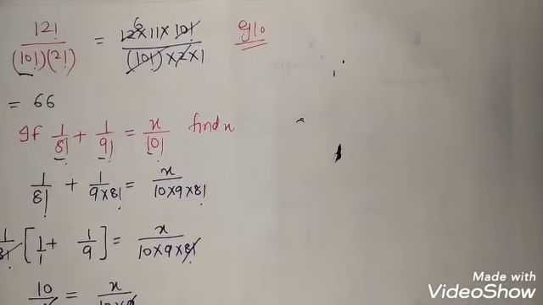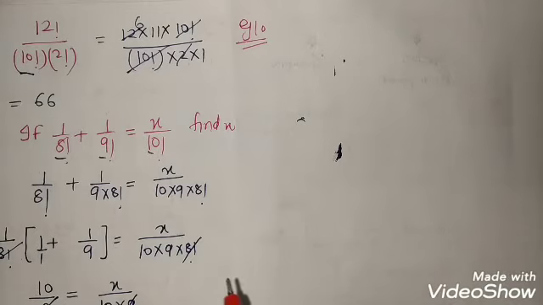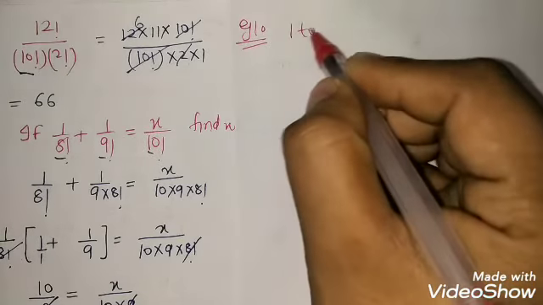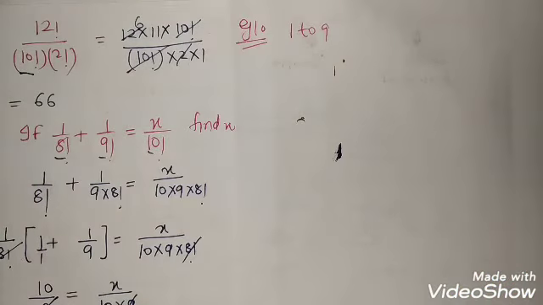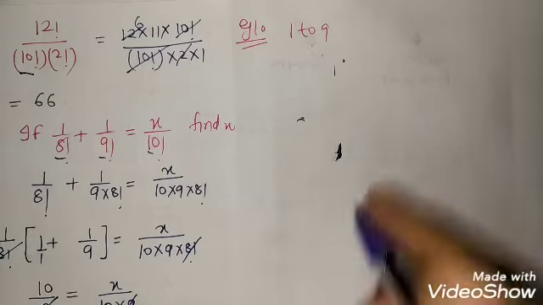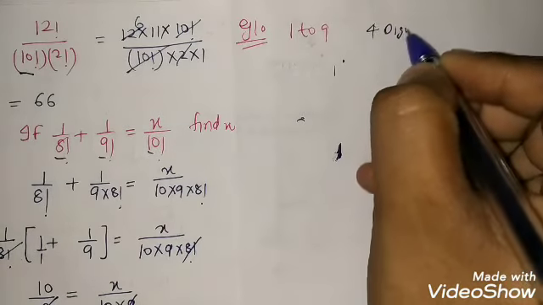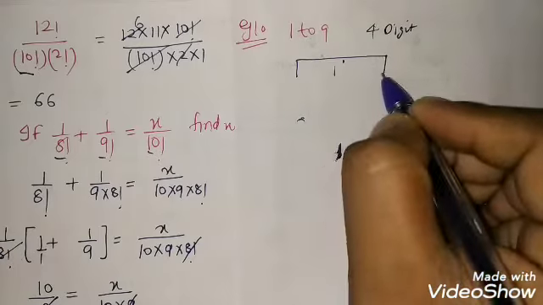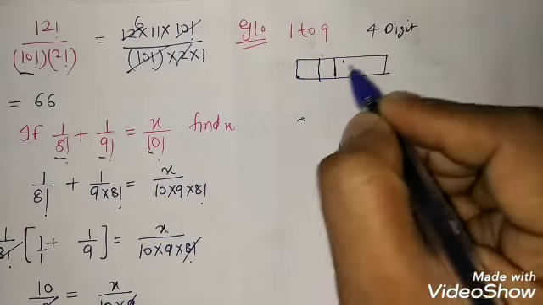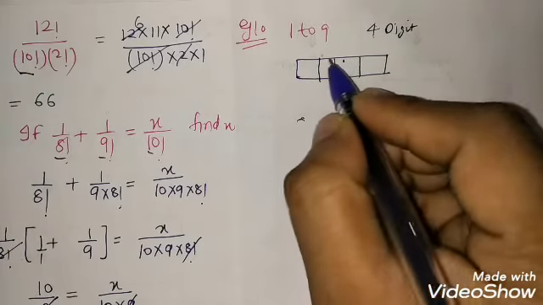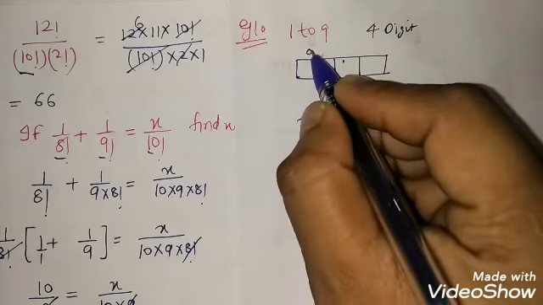What it says: how many 4-digit numbers can be formed by using digits 1 to 9 if the repetition of digits is not allowed? We require 4-digit numbers. As I already told you, make 4 different boxes: 1, 2, 3, 4. We can fill the first place by 9, this by 8, this by 7, this by 6. Answer is 3024.